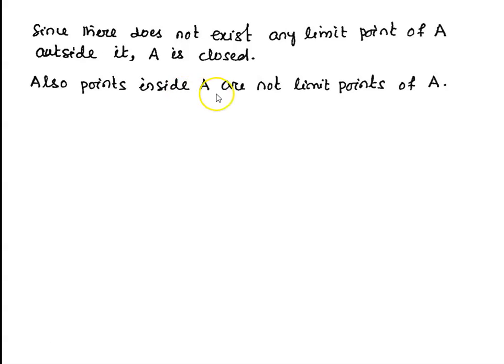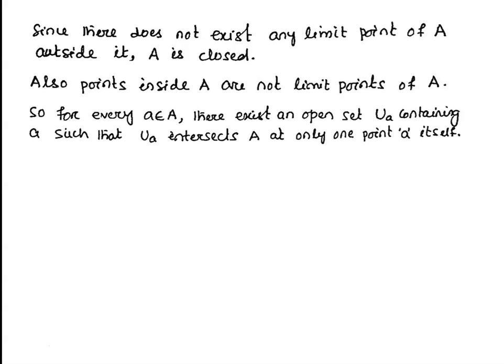Also, points inside A are not limit points of A because A has no limit point. So for every a in A, there exists an open set U_a containing the point a such that U_a intersects A at only one point, that is a itself.